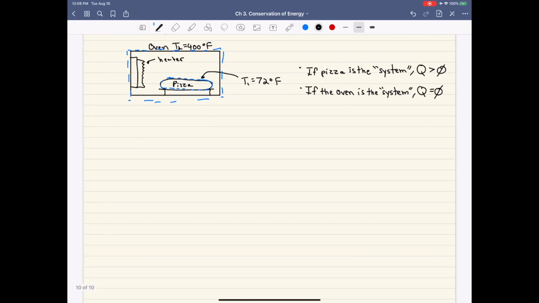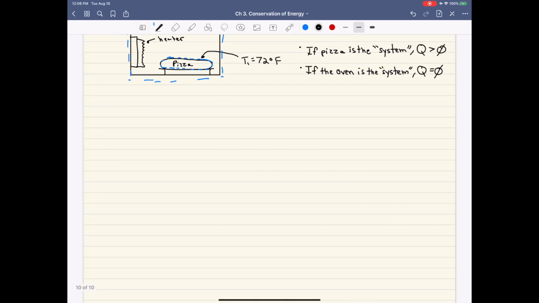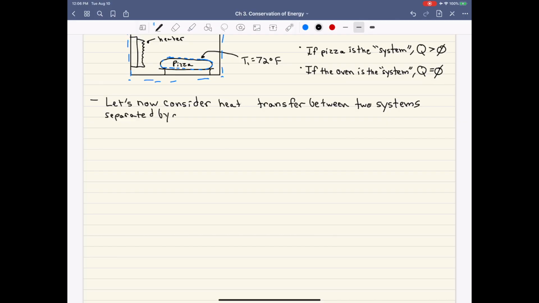But now let's think of it more from a first law perspective. What we're going to consider now is heat transfer between two systems that are separated by a diathermal wall.